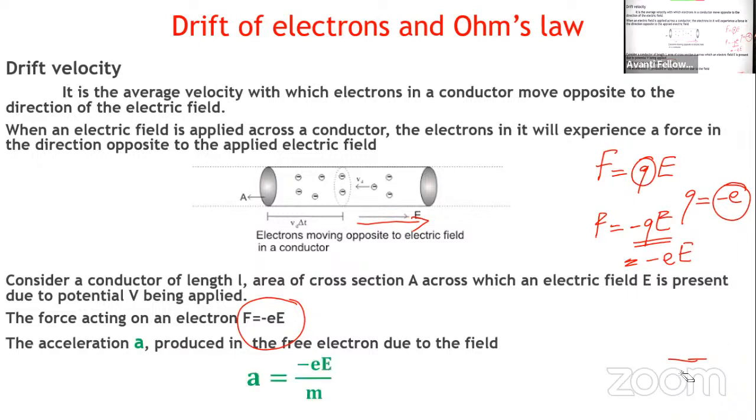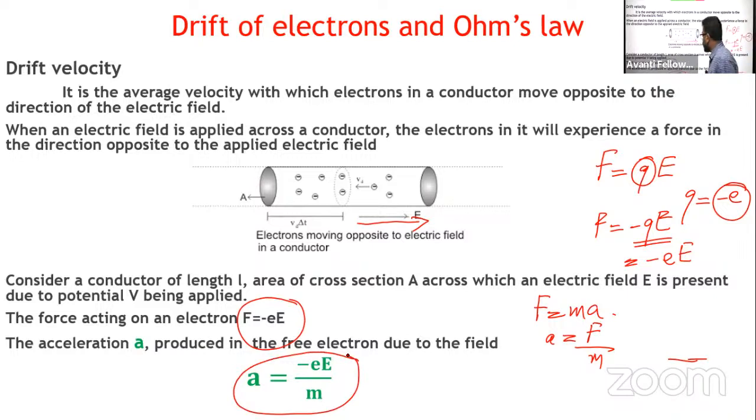Force equals mass into acceleration, so acceleration equals force by mass, which is minus e E divided by m. Here e is the charge of the electron and E is the electric field. That you all know.